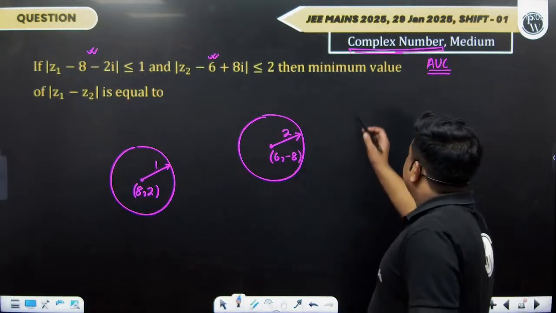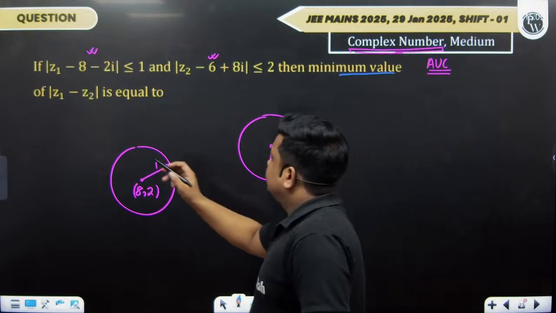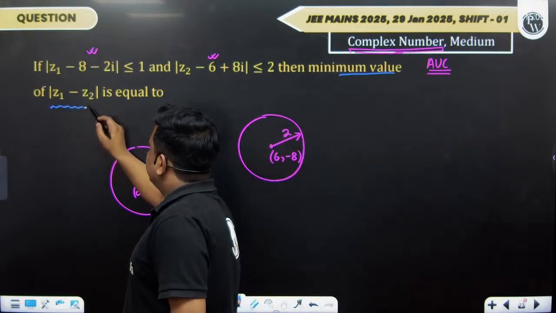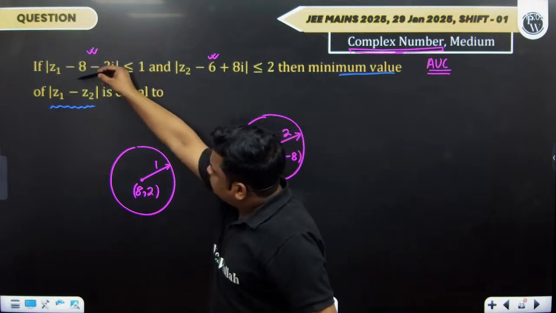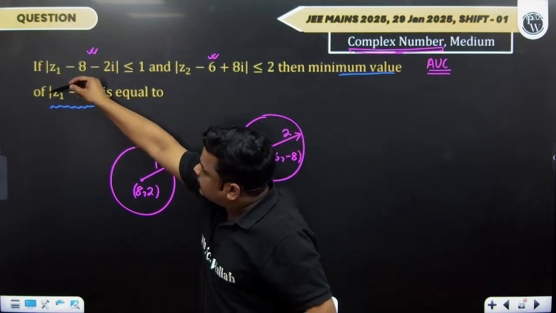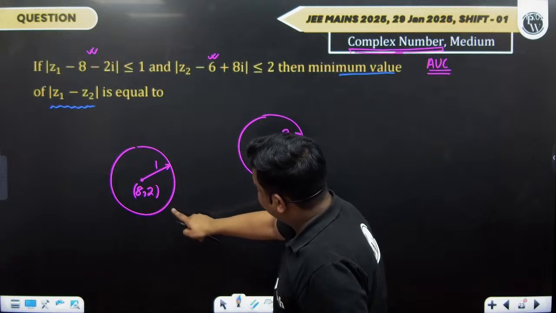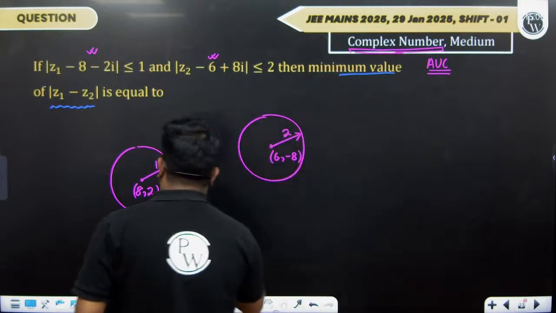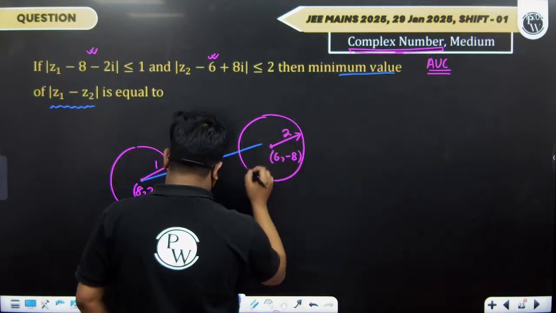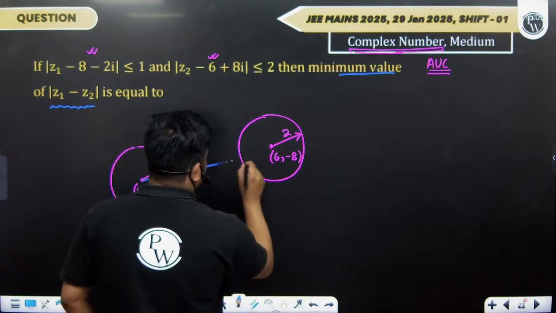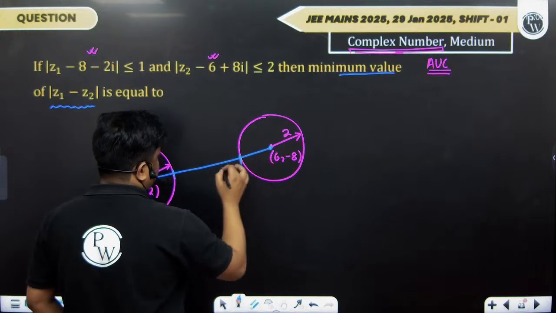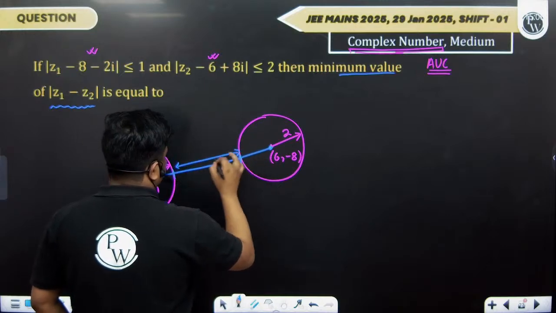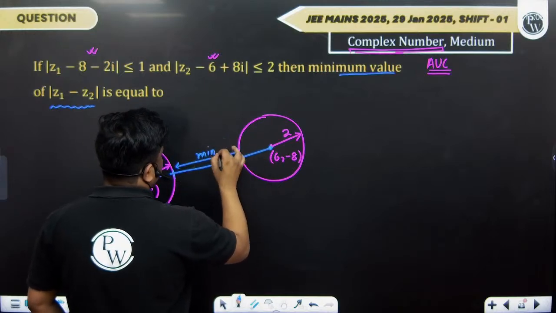Now they are saying the minimum value of this we have to calculate, |z1 minus z2|. This means this is the distance between z1 and z2. z1 lies here, z2 lies here. So we know a concept. If I connect center to center, so from here to here, this becomes the minimum distance between them.